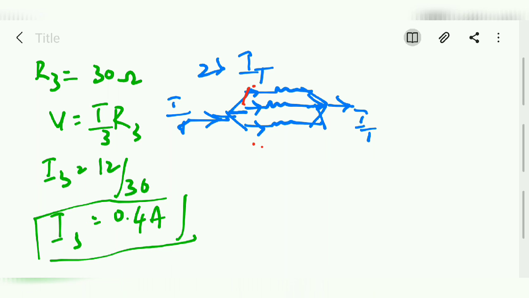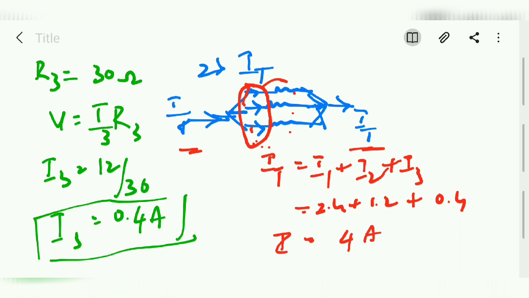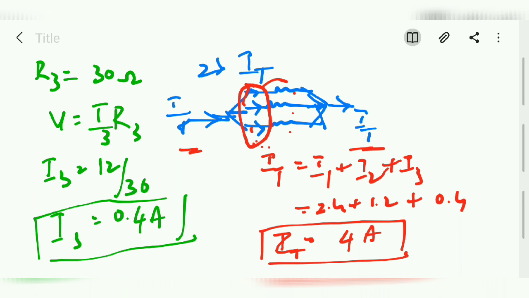Look how it is splitting up. So if I want the total current, I need to just sum up all the currents. So I total is I1 plus I2 plus I3, which is 2.4 plus 1.2 plus 0.4, which is 4 amps. So this is the total current through the circuit. Easy. Trust me, it is very easy.